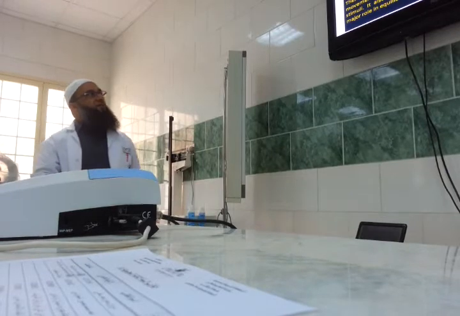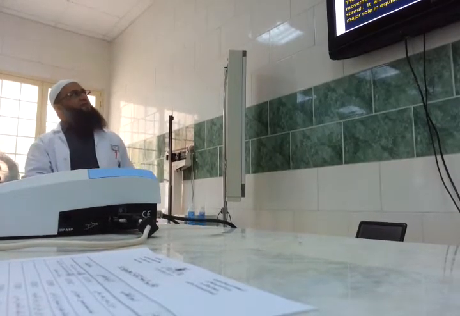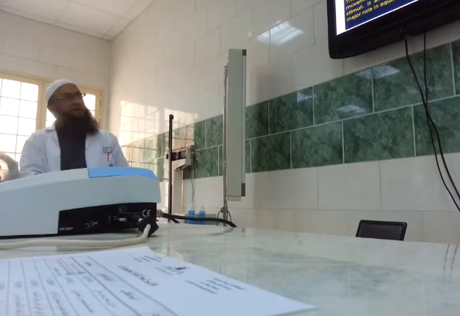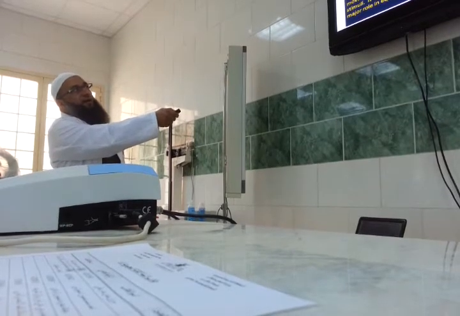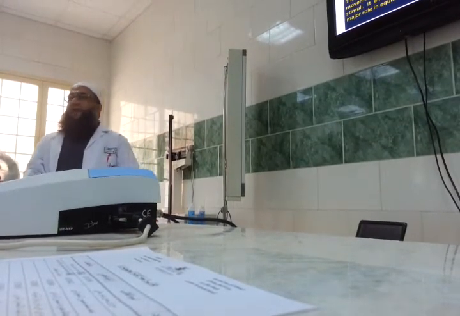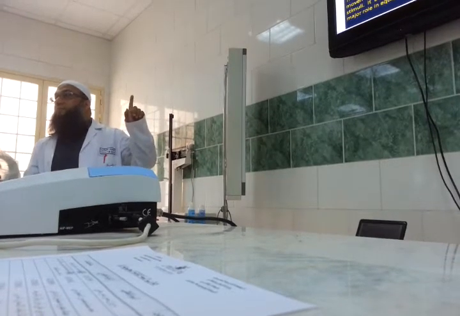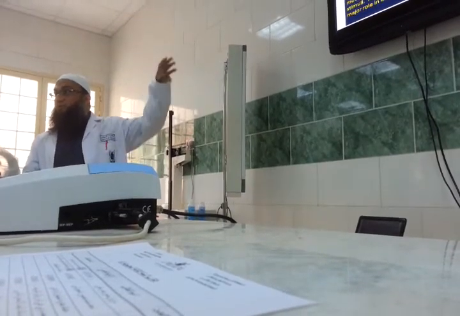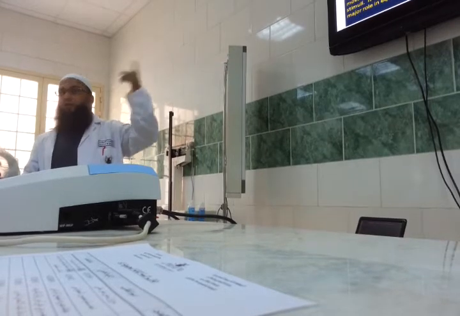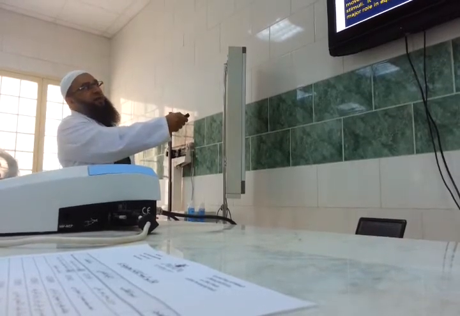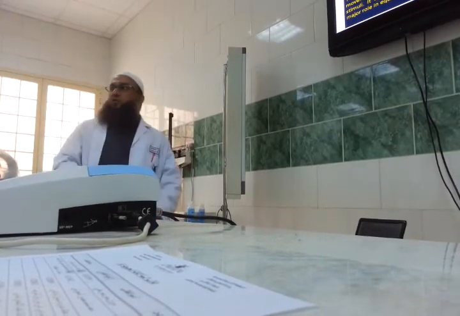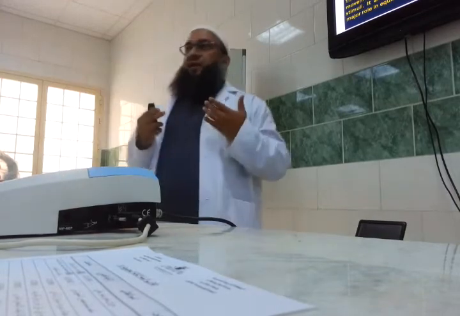Now the indirect motor pathway. There are 4 or 5 tracks in the indirect motor pathway. Rubrospinal controls flexion of the muscle, but involuntary. I told you, all these are involuntary. You cannot control it. Tectospinal, visual: you are looking at the board, you are looking at me. Who controls your muscle?